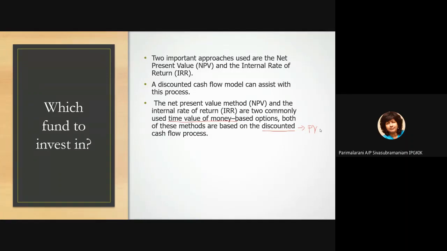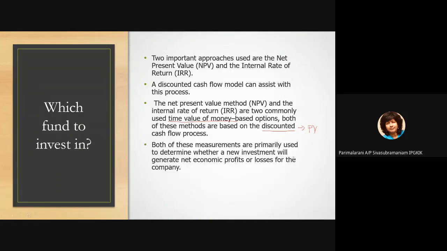Both of these measurements are primarily used to determine whether a new investment will generate net economic profit or losses for the company. So we're going to use NPV and IRR to see whether the new investment is profitable or not. Both models have their own pros and cons. Which tool is better, we will see later.